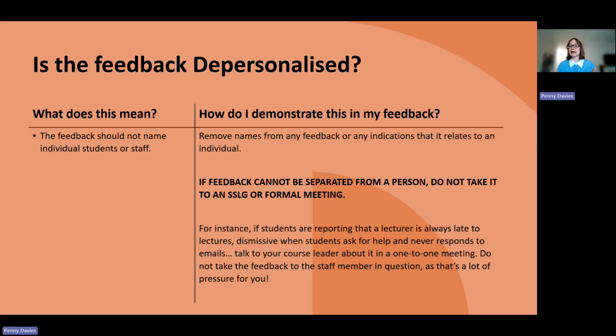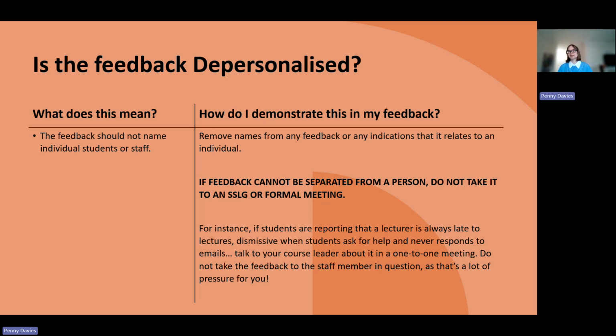You also, as a rep, don't have to take feedback about an individual staff member to that person in question. That's a lot of pressure for you as a rep, and it's not a requirement. If you bring it to your program lead or your course lead, that staff member typically manages the person below them, so they can check in with them and make sure their performance is up to scratch.